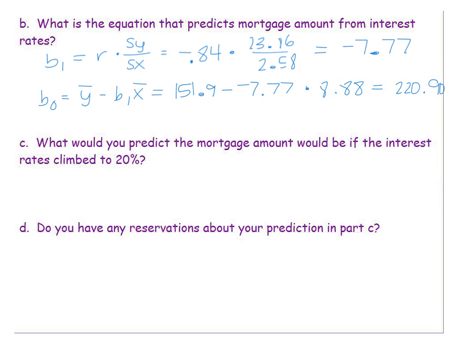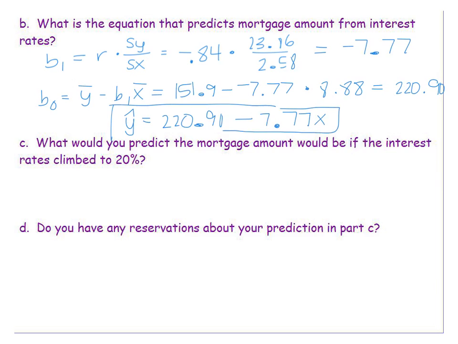And so my model, Y hat, would be 220.90 minus 7.77x. So nothing tough there, but you had to label which numbers were what before you could use them.